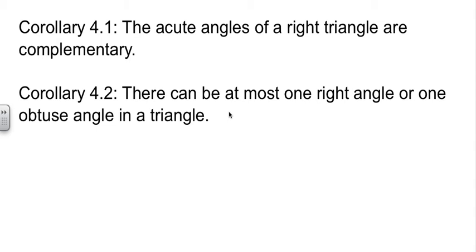So you're already greater than 180 degrees with two angles. So the third one would have to be negative, and that doesn't work either. Now, be aware that you also can't have both a right and an obtuse. You could have one, you could have the other, but you can't have both.